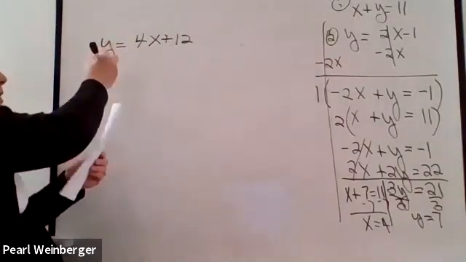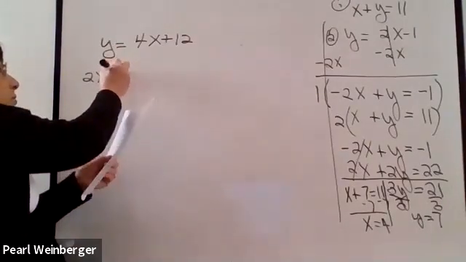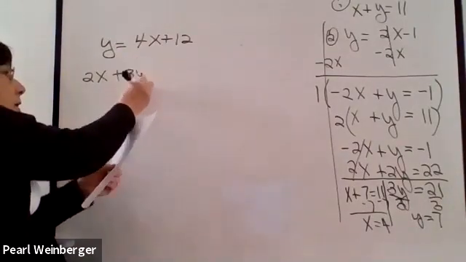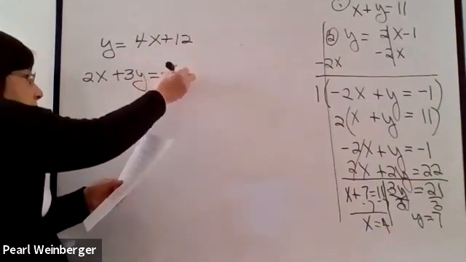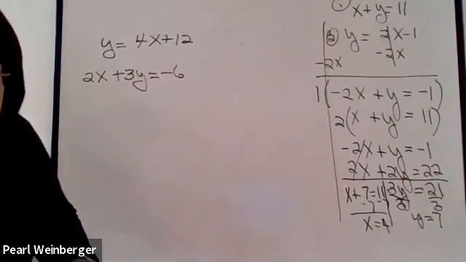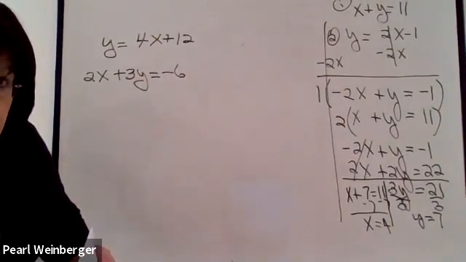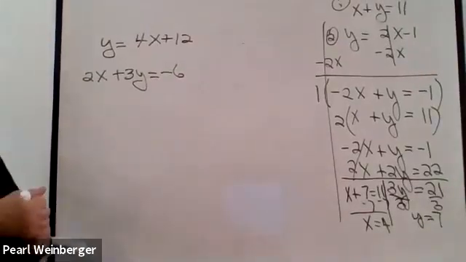And the second equation is 2x plus 3y equals negative 6. Okay, I'm going to give you a few minutes to work that out. And you could do it by any method.